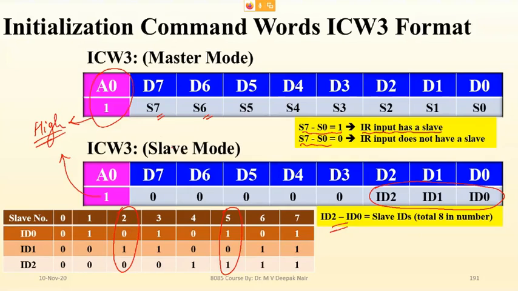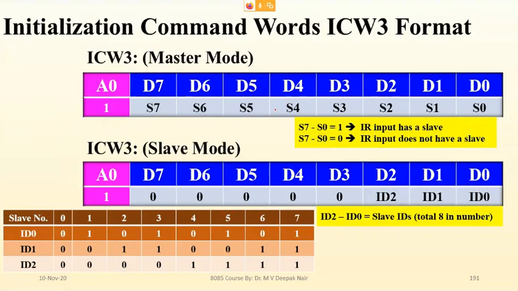In master mode, directly we will read S0 to S7, which is D0 to D7. If it is 1, then that means there is a slave connected. If it is 0, there is no slave connected. So in this way, ICW3 can have 2 different versions for 2 different modes, for master or slave.